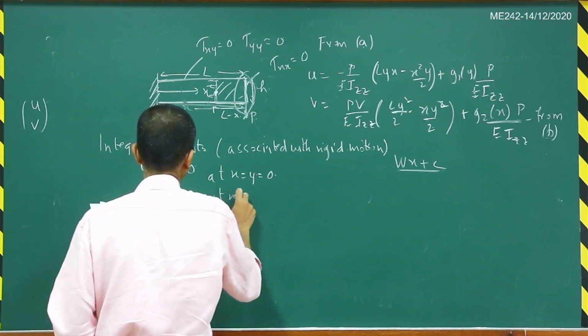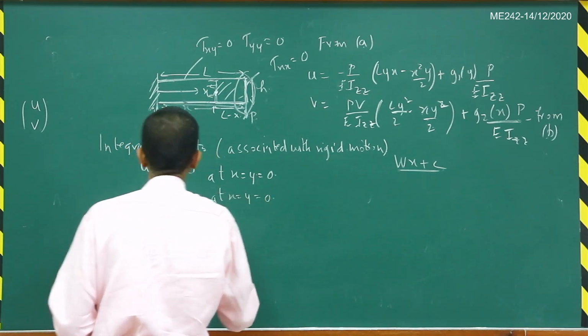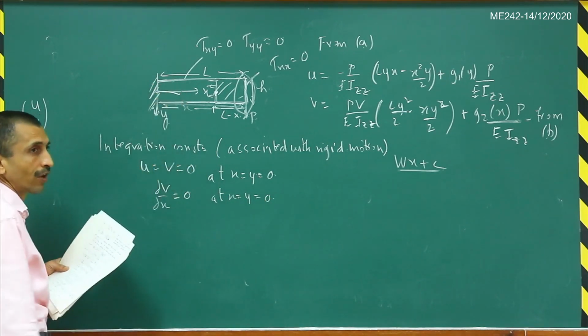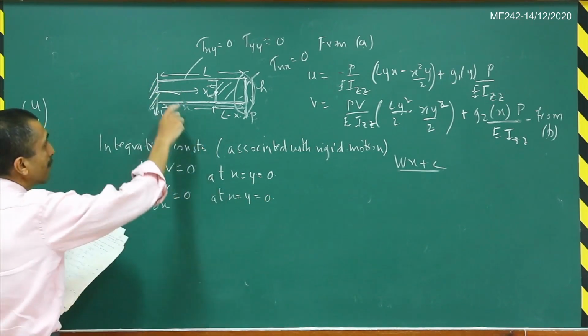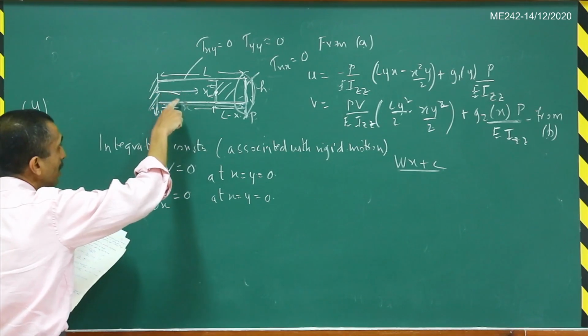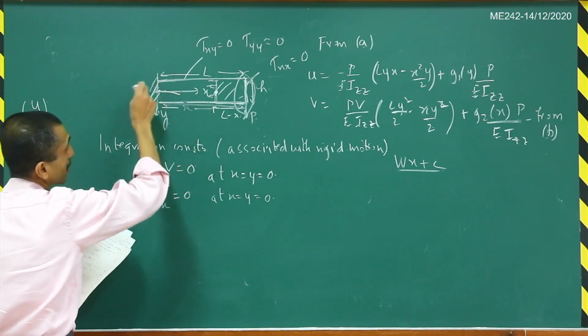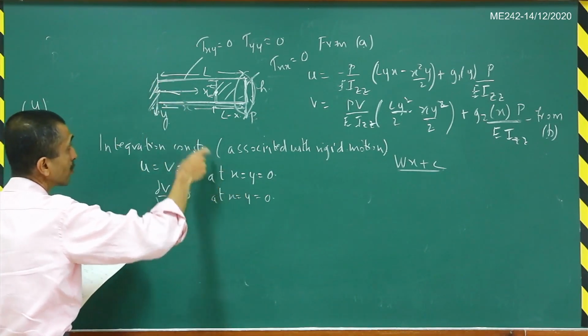Basically, this is the usual slope condition that we use for a cantilever beam: the slope of the vertical displacement evaluated at this particular point is equal to 0.